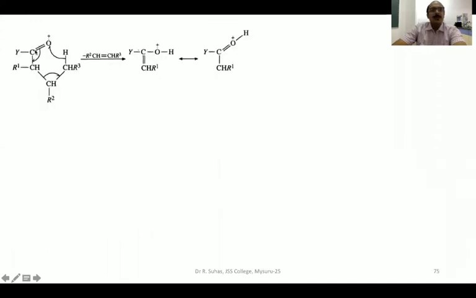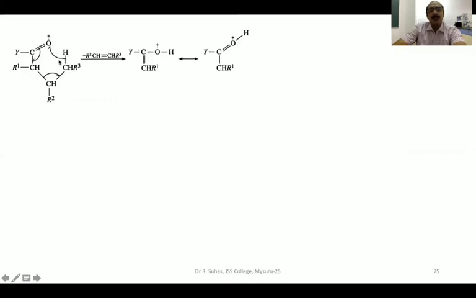This is a carbonyl compound. If Y is H, it becomes an aldehyde. If Y is R, it becomes a ketone. So in general, we have shown here that carbonyl is the functional group. To that attach 3 carbon atoms, 1, 2, and 3. Alpha, beta, gamma. On gamma, there is hydrogen, no doubt.